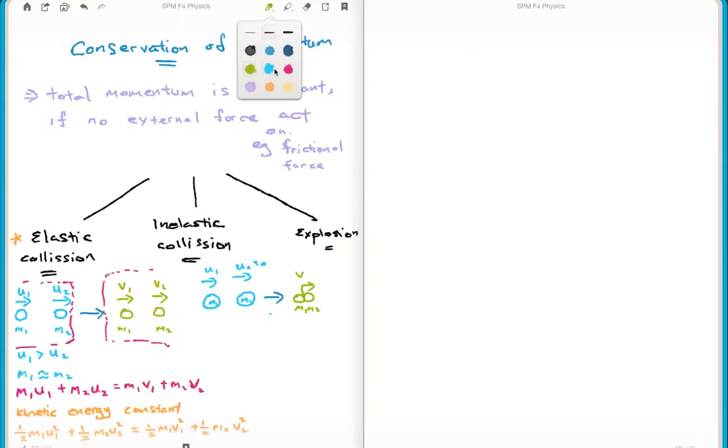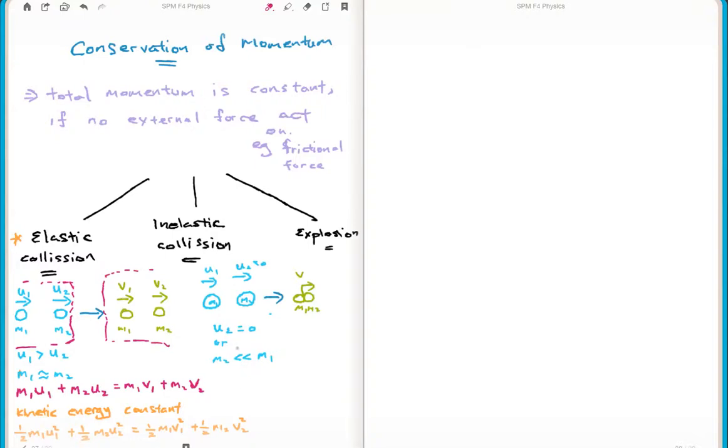So the condition, I would say, is maybe U2 is equal to 0, or M2 is much less than M1. Then M1 will come and stick, moving together.